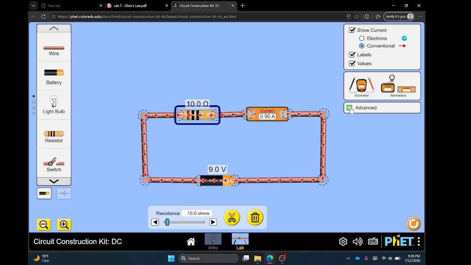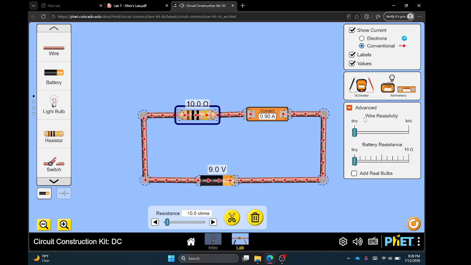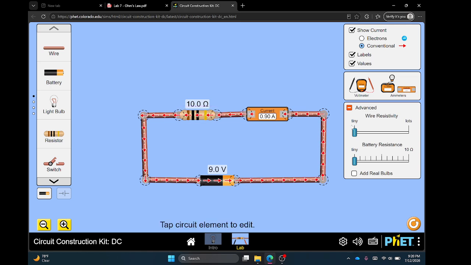And one thing you need to remember is, for the first part, just leave this wire resistivity at low or tiny, and for the second part we will increase the resistance of this wire, as we can see here. As I am increasing the resistance, the amount of current flow is also decreasing.